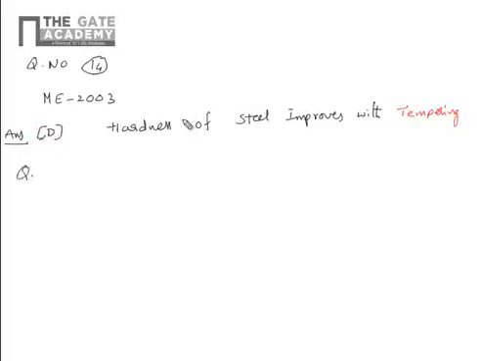Next question. Question number 13. During heat treatment of steel, the hardness of various structures in increasing order is. So in the TTT diagram, as we observed, martensite has higher hardness, below that is bainite, below that is pearlite. So pearlite has lower hardness, then bainite, then martensite.